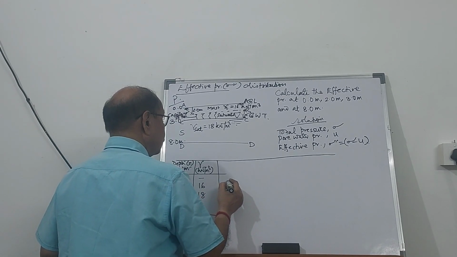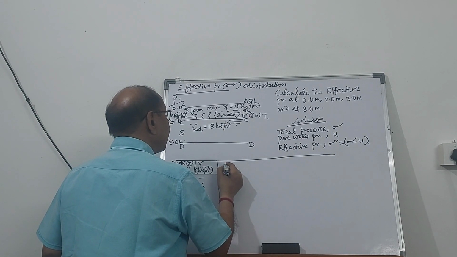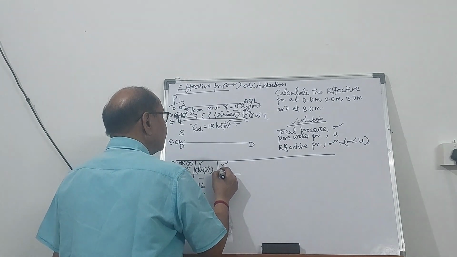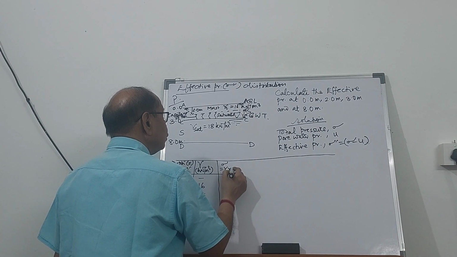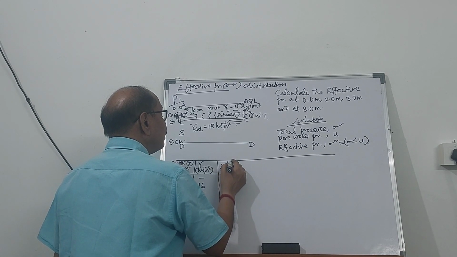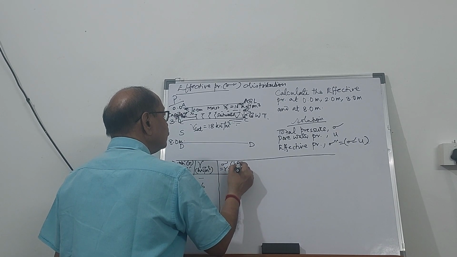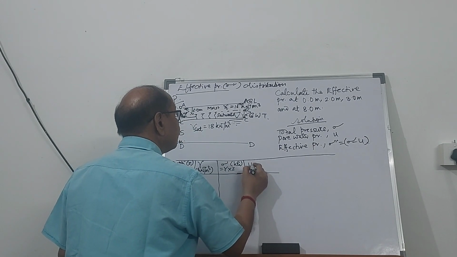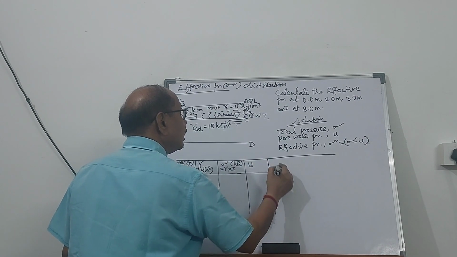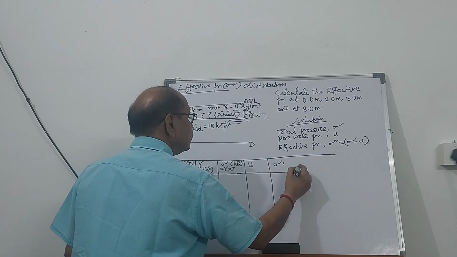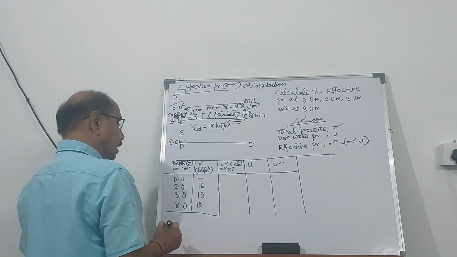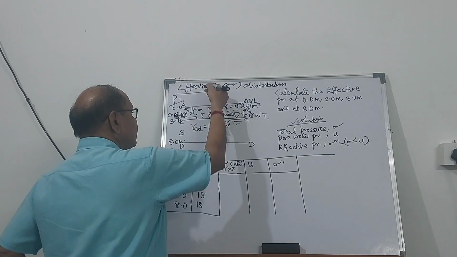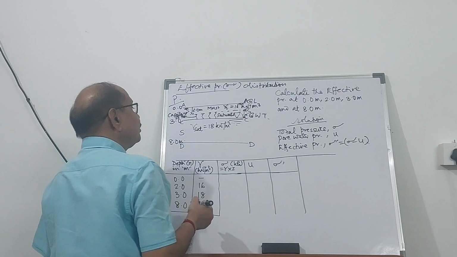Now, you can calculate the total pressure sigma equal to gamma into Z. This will be in kilopascal. So calculate pore water pressure and calculate the effective pressure. This is how you can calculate it. At 0 meter, there is no pressure at all.